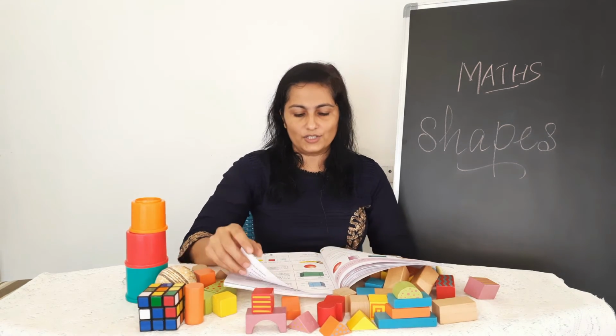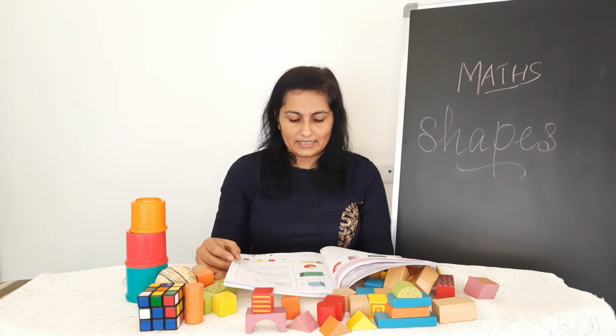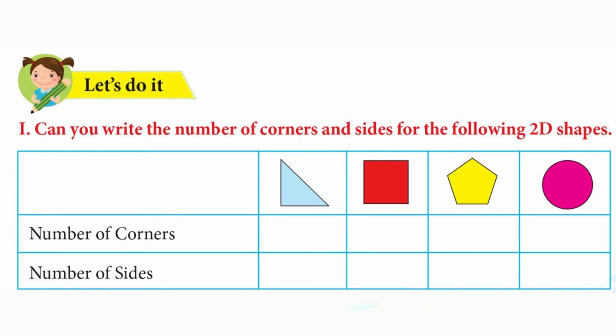Okay, moving on to the exercise on page number 45. Can you write the number of corners and sides for the following 2D shapes? I'm sure you can, because we just learned what the corners and sides are.